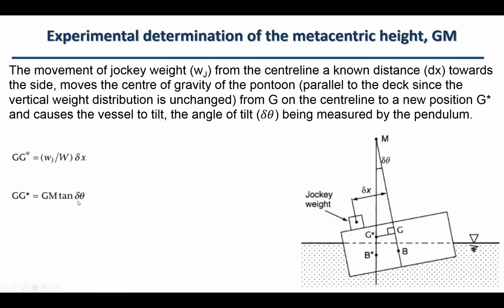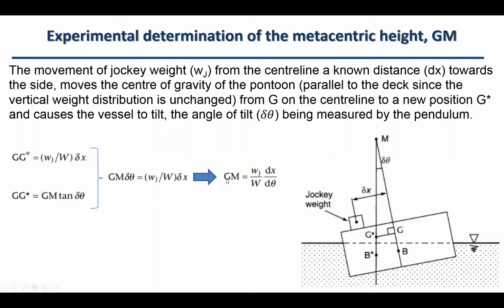Bear in mind that tangent delta theta is equal to delta theta in radians when delta theta is very small. So we can put GM times delta theta, replacing the tangent, equal to WG over W times delta X.